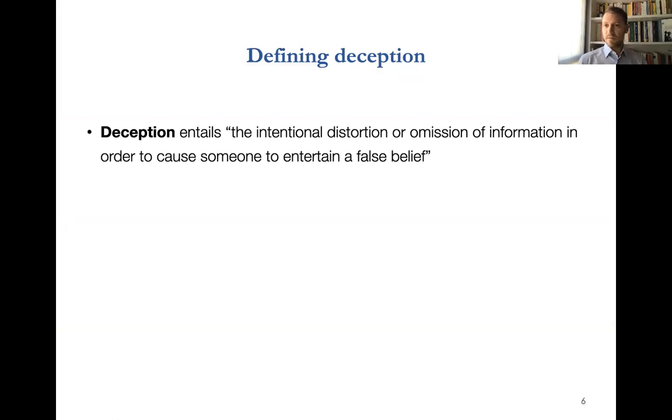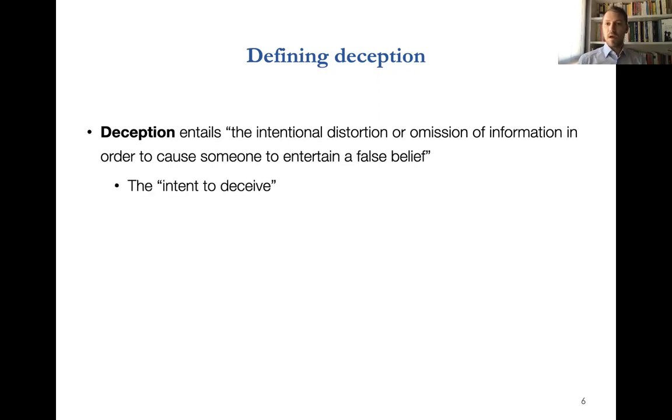But for the purpose of today's lecture, we will be looking at perhaps the most popular definition of deception, according to which deception entails the intentional distortion or omission of information in order to cause someone to entertain a false belief. Now, this definition is very useful and has 2 main points that we need to address and explore.